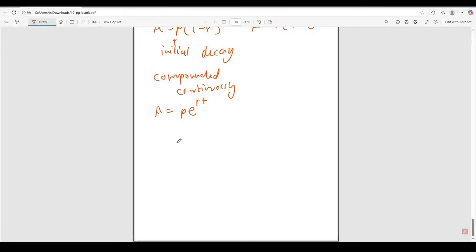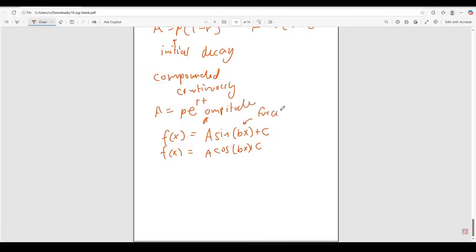The formula of a wave is always going to be f(x) equals a sine(bx plus c), or f(x) equals a cosine(bx plus c). Essentially this a is the amplitude, this b is the frequency, and this c is going to be the midplane or the midline.